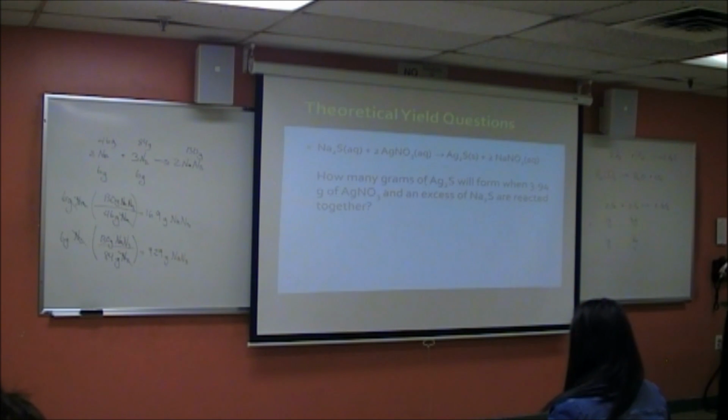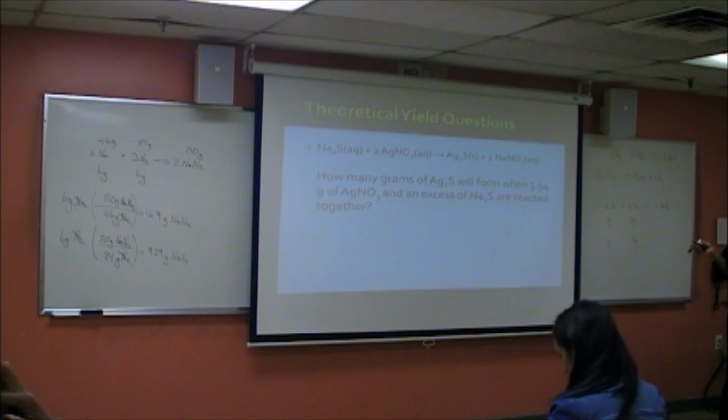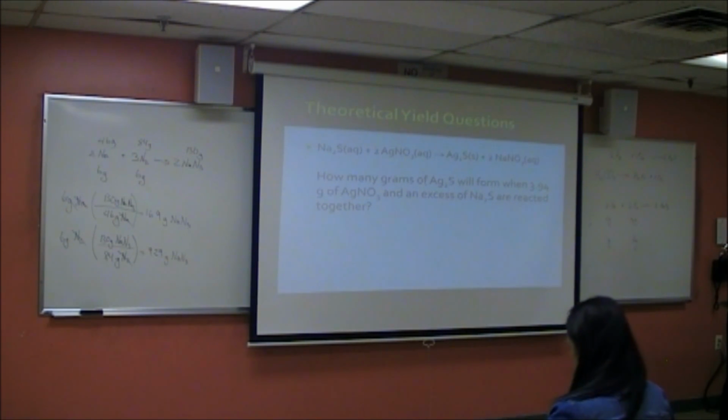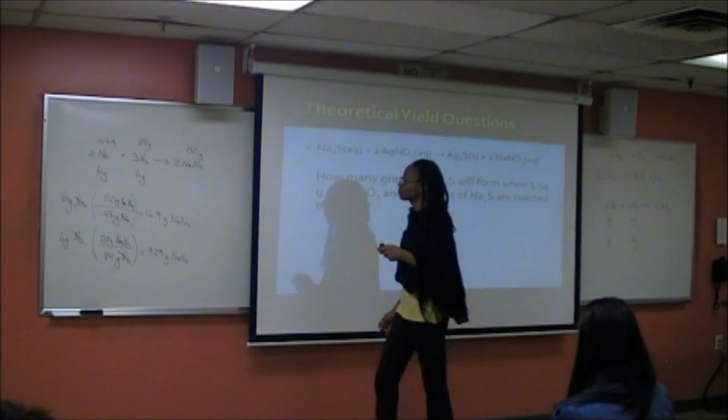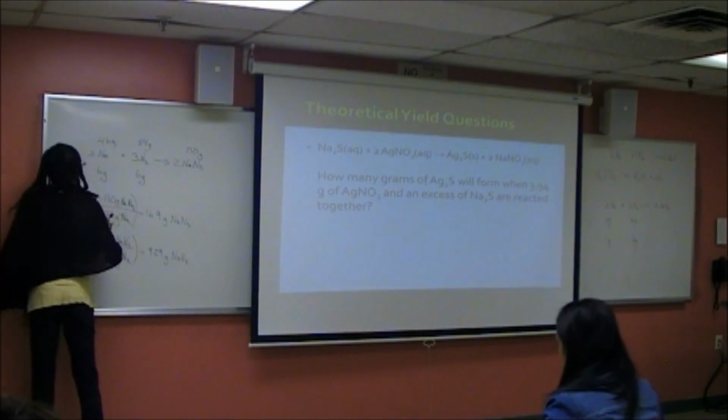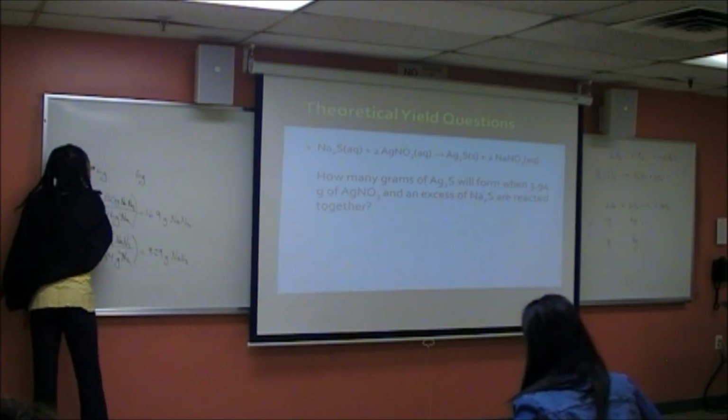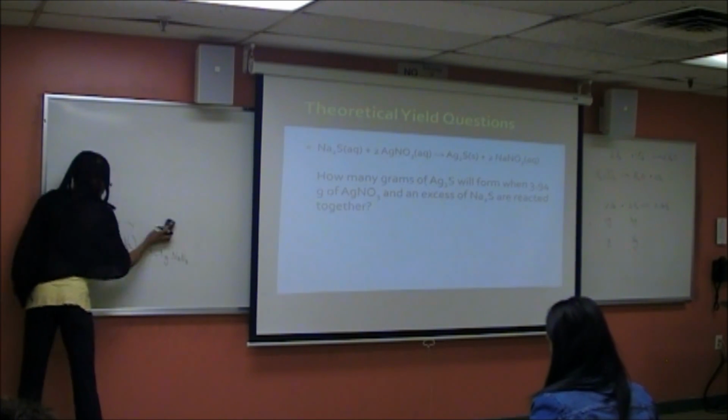So now, how are we going to do this? We can either do this the long way or the alternate way, because remember, what kind of question is this? Mass to mass. So what are the two things that we're interested in for our conversion factors?